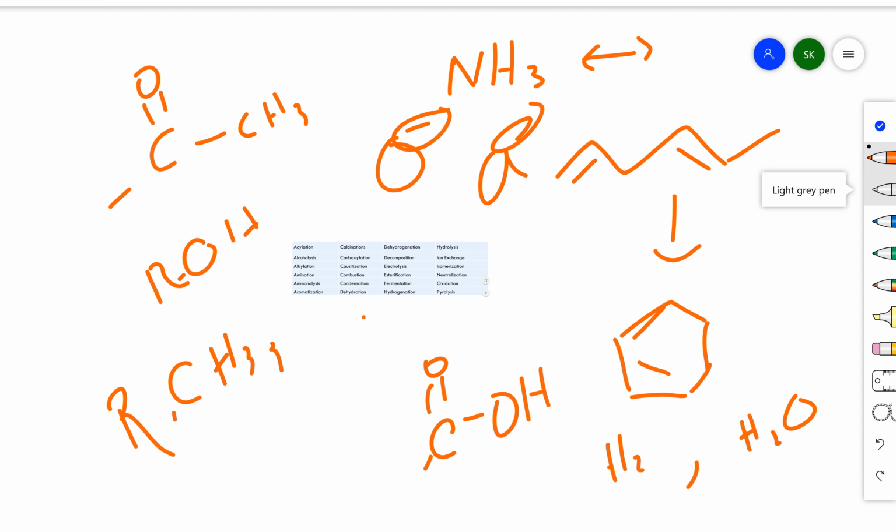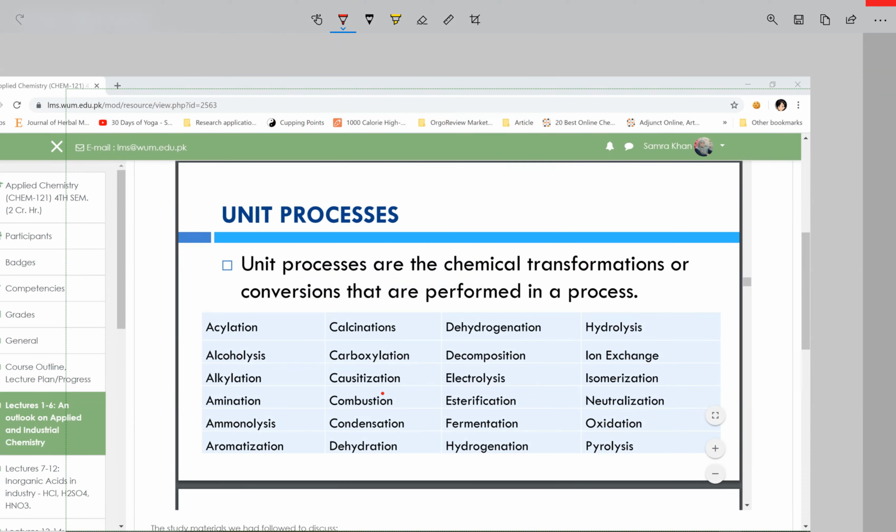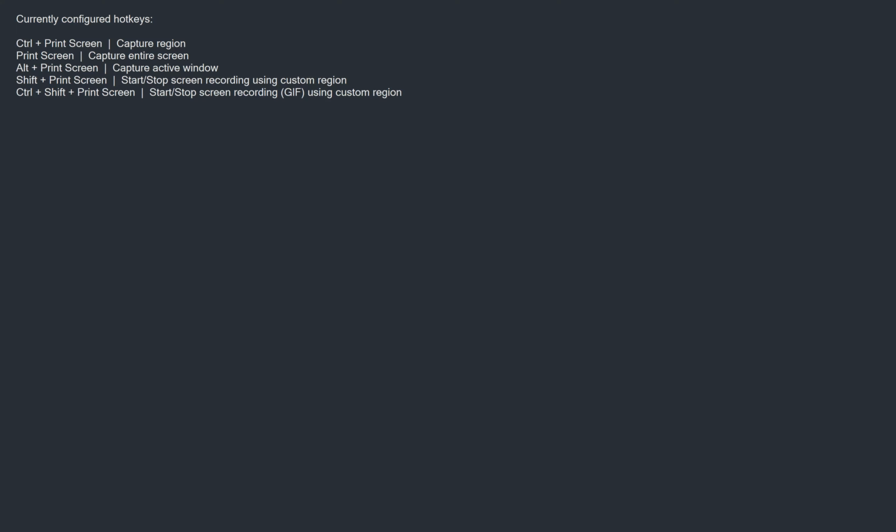Neutralization, the reaction of acid and base to synthesize salt and water. Oxidation, one of the most common being ozonolysis. You're very familiar with the oxalic acid process. Pyrolysis is the breakdown through steam or with heat. So, all right, let's close it and get back to our original website and let's see.